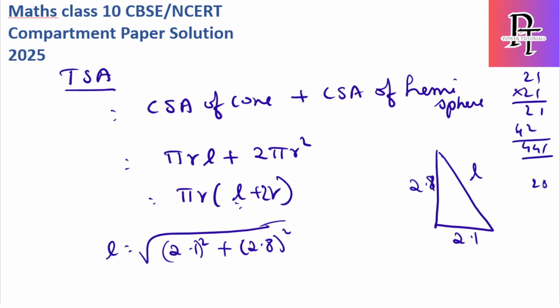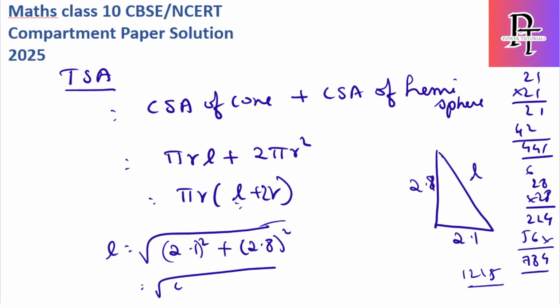Whereas 28 square is 784. 784 plus 441, you will get 1225. So this value is 4.41 plus 7.84, I will get 12.25. If you remember a few square values, 12.25 square root value is nothing but 3.5. Okay, so now I got the L value as 3.5.